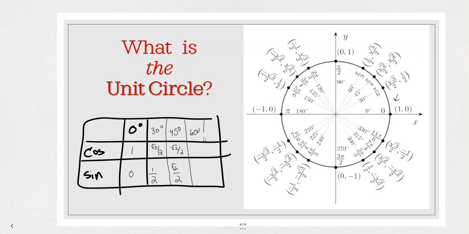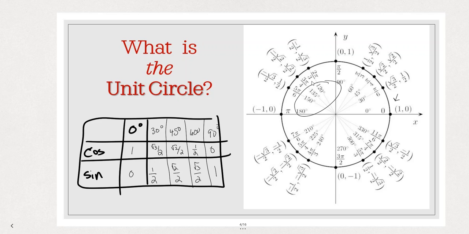And then 60 degrees and 90 degrees, 1/2 for the cosine, square root of 3 over 2 for the sine, 0 for the cosine, 1 for the sine. I'd have to memorize each of these and then say, but wait, there's more, because I'd also have to be able to do 120 degrees, 135 degrees, 150 degrees, 180 degrees, etc., all the way around.